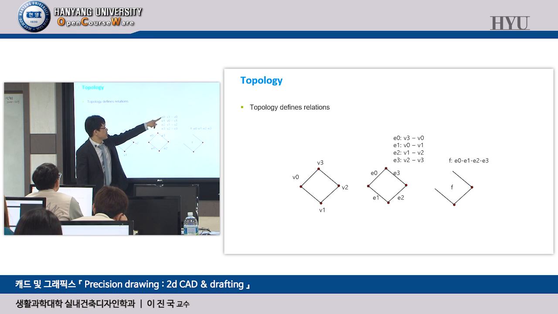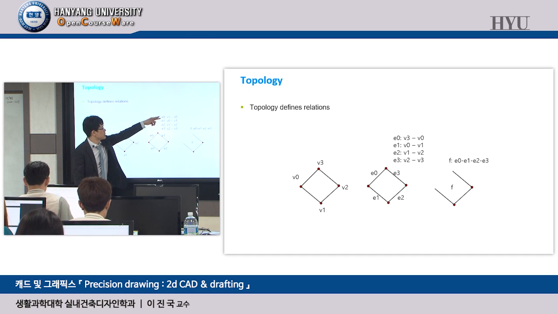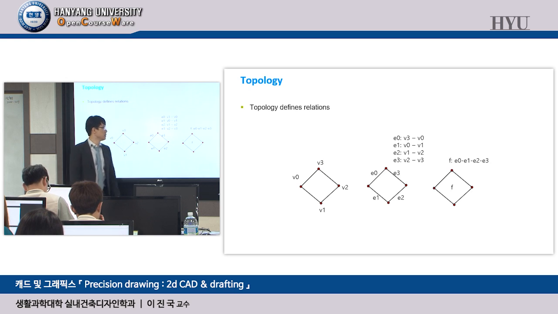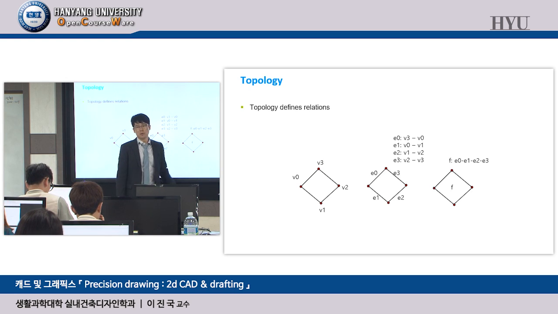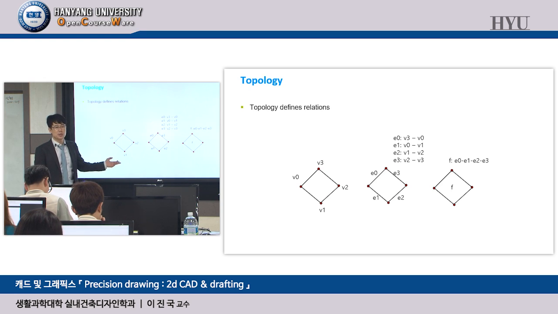So here is the relationship. Edge 0 is the connection between vertex 3 and vertex 0. In the same way, we can define 4 edges, and at the end, one face is composed of a series of 4 edges, okay? This is the topological definition.